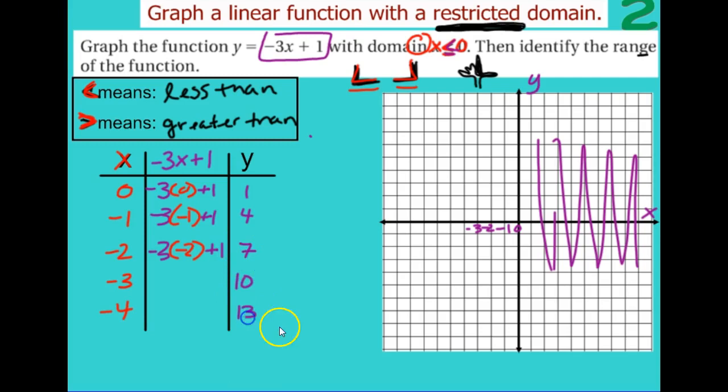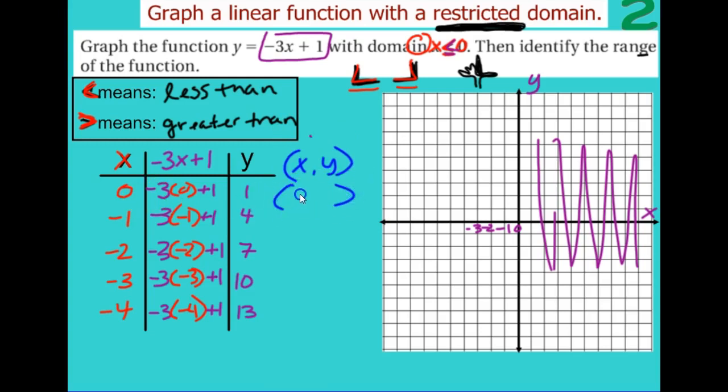And up by 3 again, that will give us 13. If you don't see that, that's okay. We'll just keep plugging in numbers. -3 times -3 is a positive 9. Plus 1 is 10. And same thing here. -3 times -4 makes a positive 12. Plus 1 is 13.